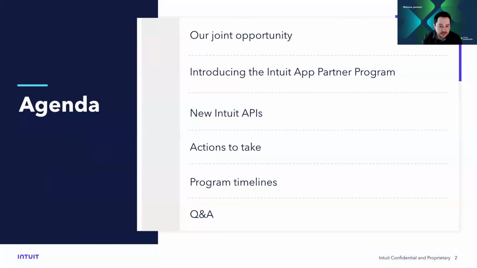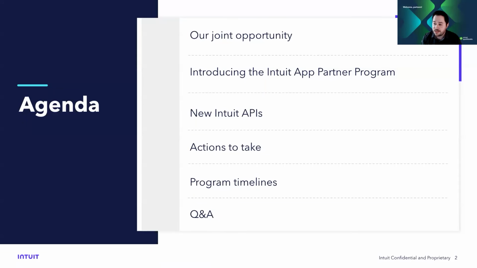Now, Judy hinted at a lot of things. I'll reiterate some of those here. We're going to go through a fair bit. We're going to start with talking about our joint opportunity and really why we're introducing this program. We're going to cover all elements of the program itself, including a recap of details that were shared in previous communications, as well as some net new details, such as information on benefits, benefits by tier, new APIs, and some actions that you can actually take today as a first step in the new program.